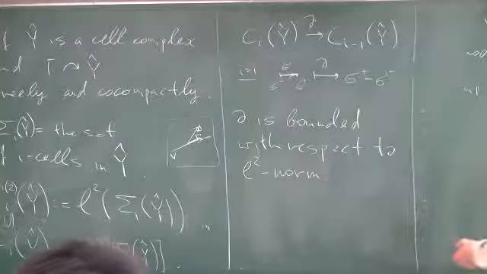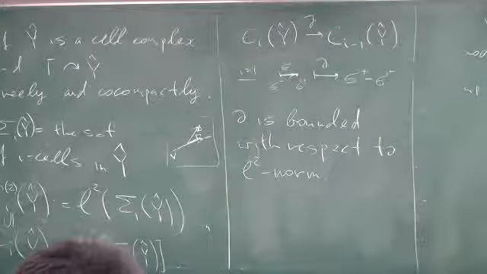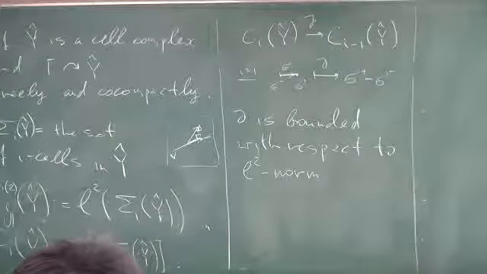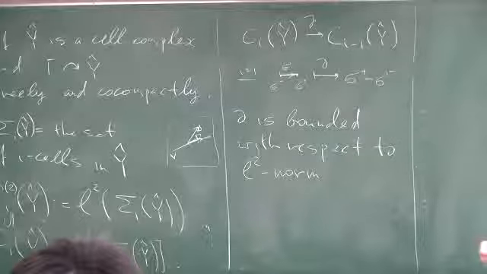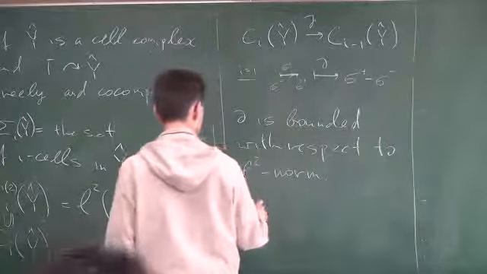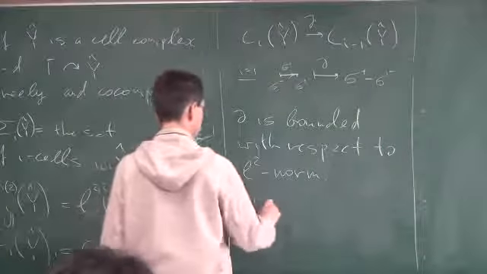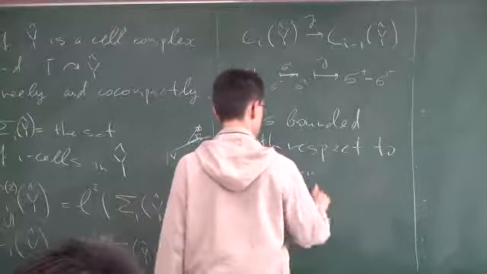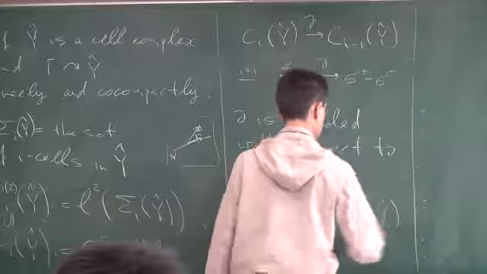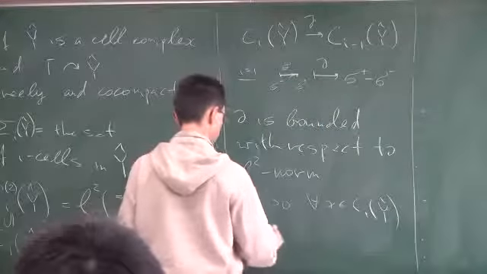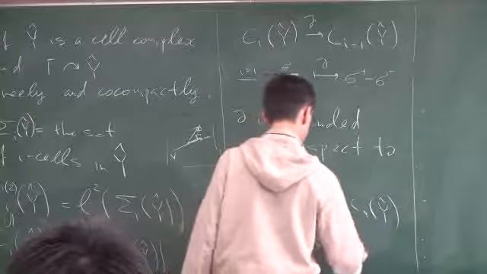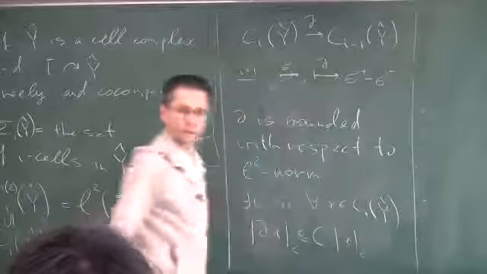What do you mean by D is bounded? Bounded as an operator, as a map between vector spaces. So bounded means there is a number C such that for any x in the domain C_i of Y hat, the L2 norm of the boundary is at most C times the L2 norm of x.